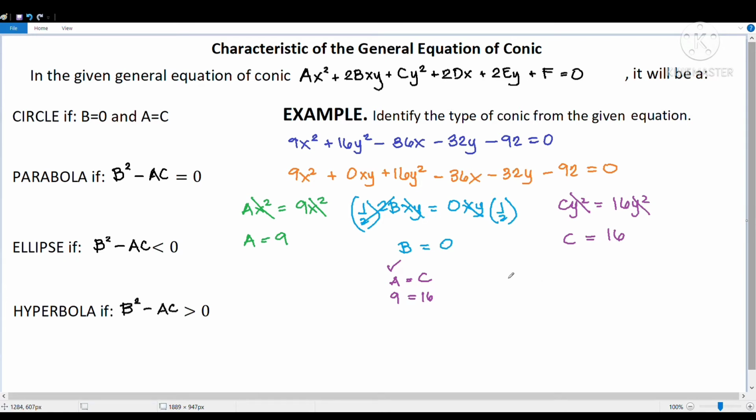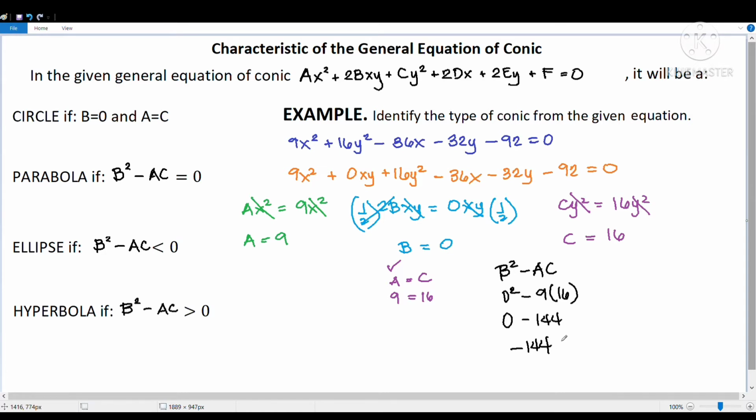Now let's compute the value of b squared minus ac. Our b is 0 squared minus our a, which is 9, times 16. Then 0 squared is 0, minus 9 times 16 is 144. 0 minus 144 is negative 144. Now let's compare this to 0. If this is equal to 0, then it is a parabola.